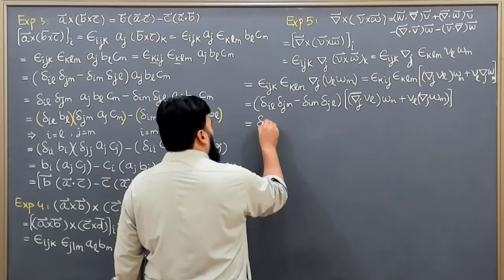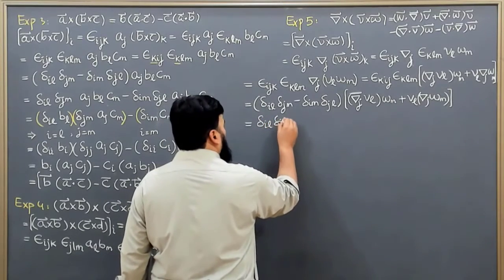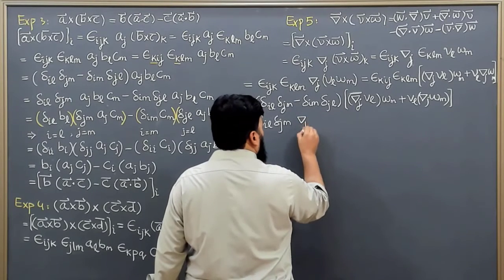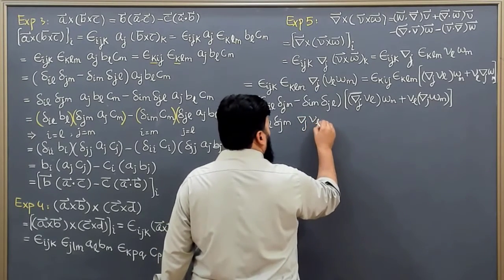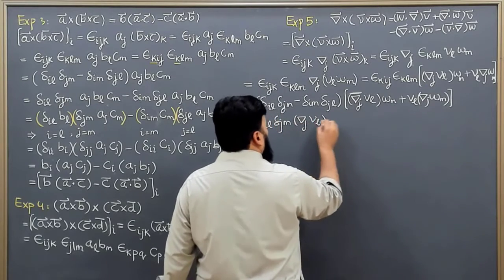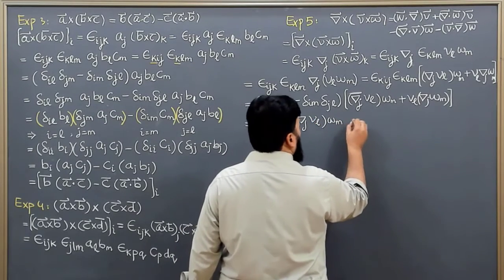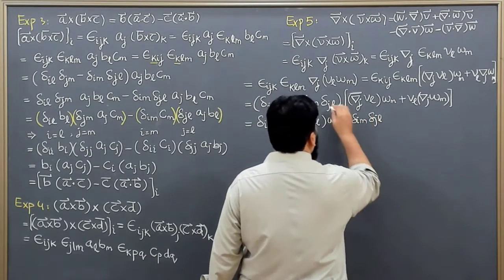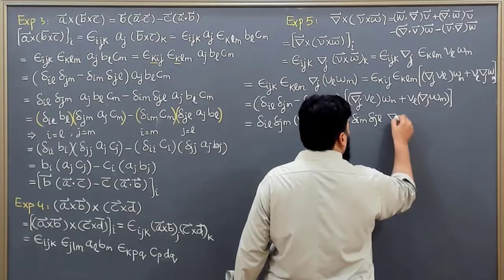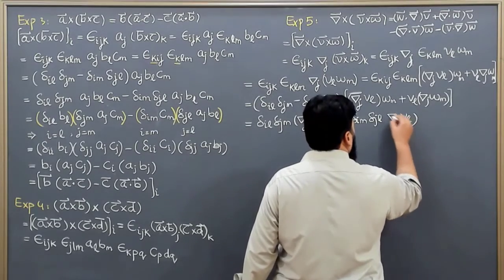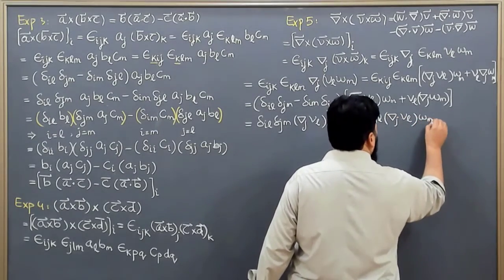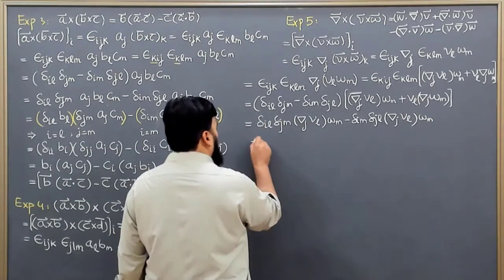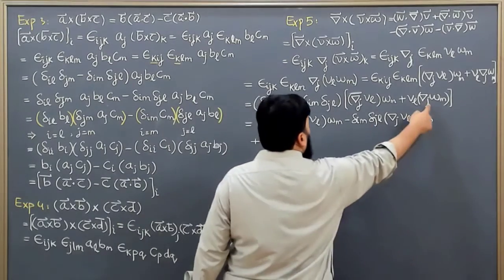I can write delta IL delta JM, and then this whole will be written as del J V L W M, minus delta IM delta JL and then del J V L and W M, and then plus, this will be plus this term with this now.